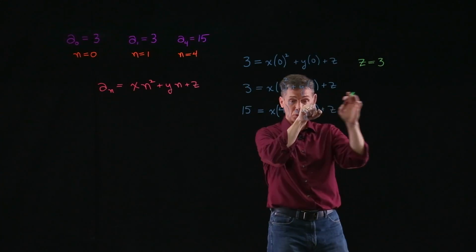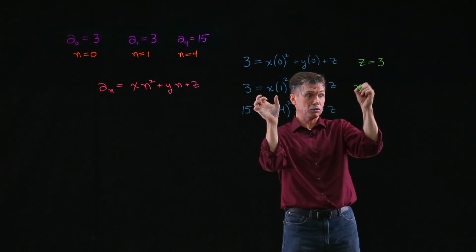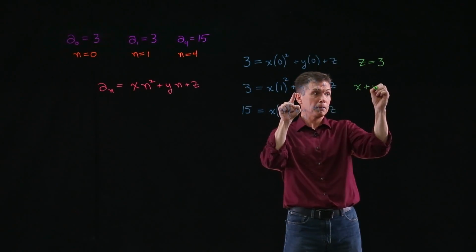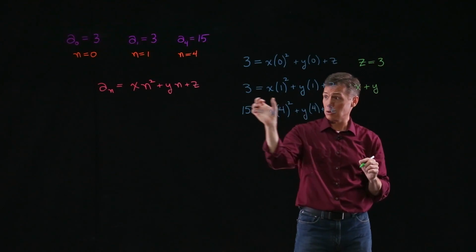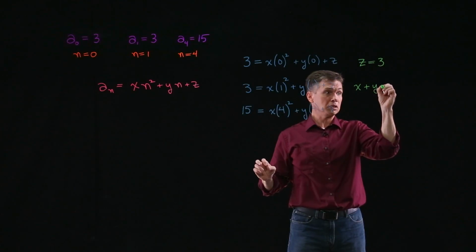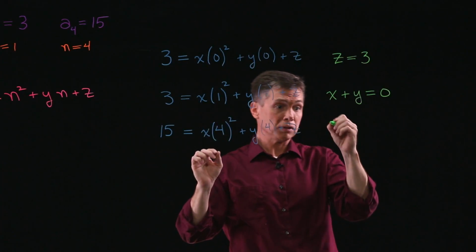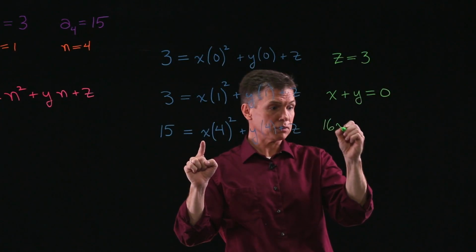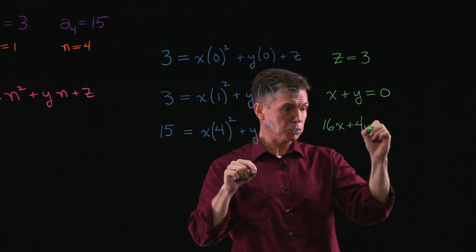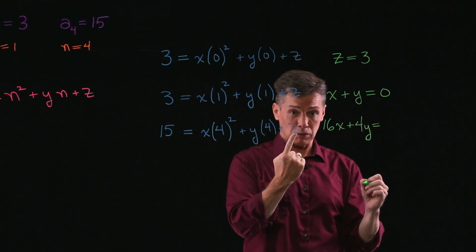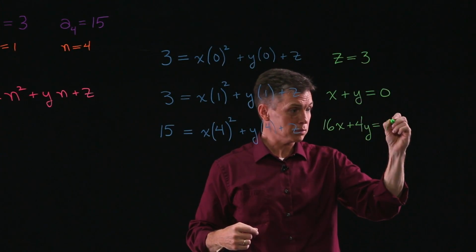Okay, so I'm going to write each of these equations right next to it, but clean it up a little bit. 1 squared times x is just x plus y. And a little bit of algebra in my head is that the z of 3 I subtract over. There's a 3 over there, so that's going to equal 0. In this equation, let's do something similar. 4 squared is 16 times x plus 4 times y, and that equals, z was 3, but let's throw it over to the other side. 15 take away 3 is 12.